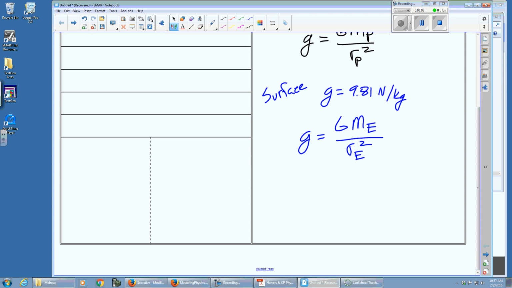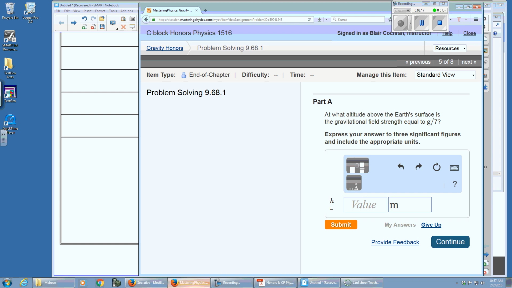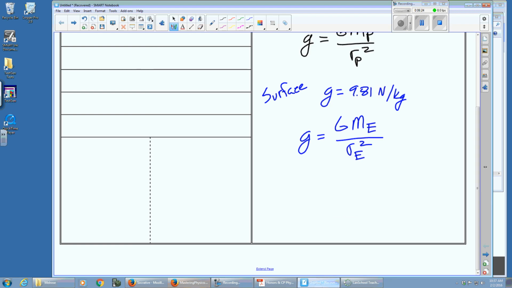But we don't want g, we want 1/7 g, and we want to know how far we are from the center of the Earth. The question asks, at what altitude above the Earth's surface? So what we want to know is how far we are from the center of the Earth minus 1 radius.